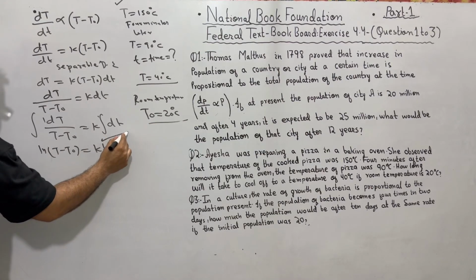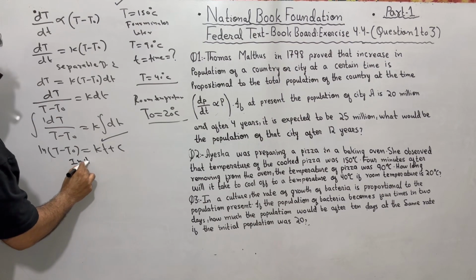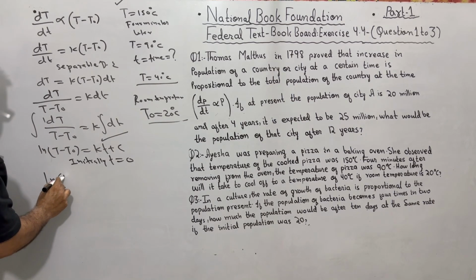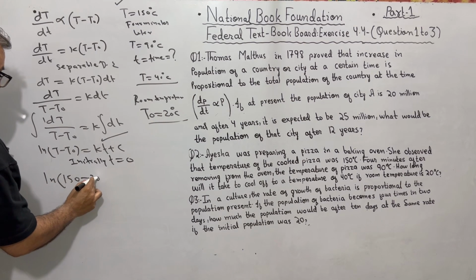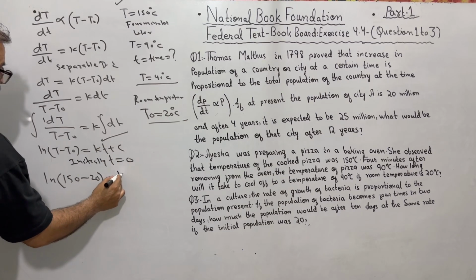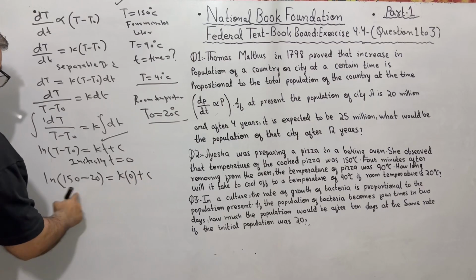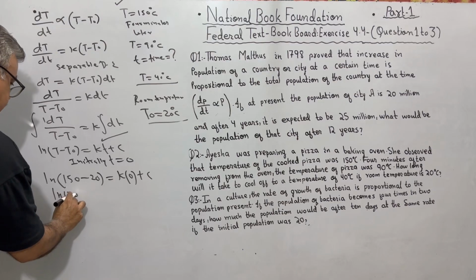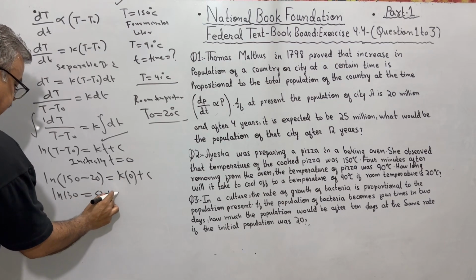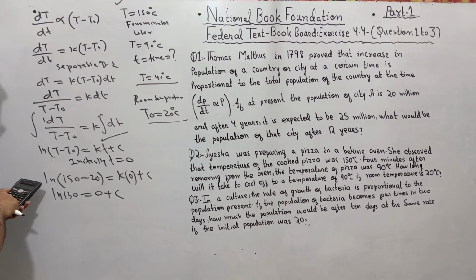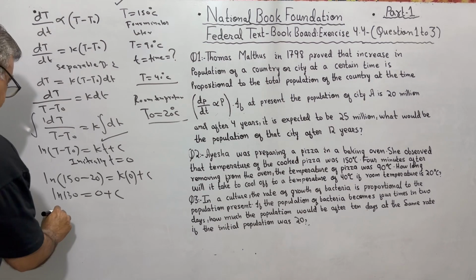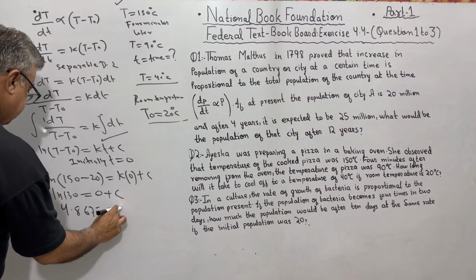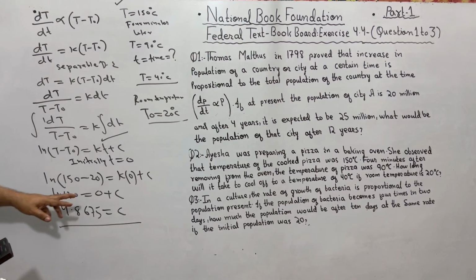Initially means t is equal to 0. ln of the temperature of the pizza 150 minus room temperature 20 equals k times t, where initially t is 0, plus C. ln 150 minus 20 becomes ln 130, equals 0 plus C. So the value of C is ln 130, that's 4.8675. That's our C.